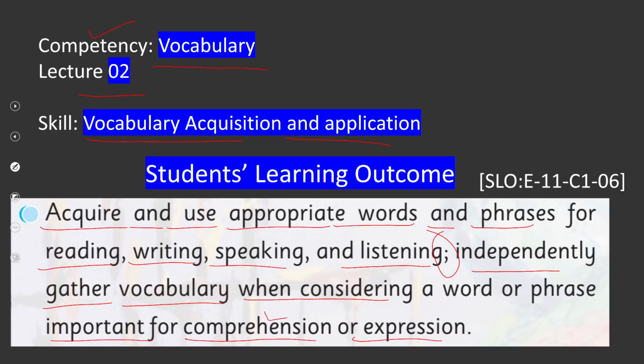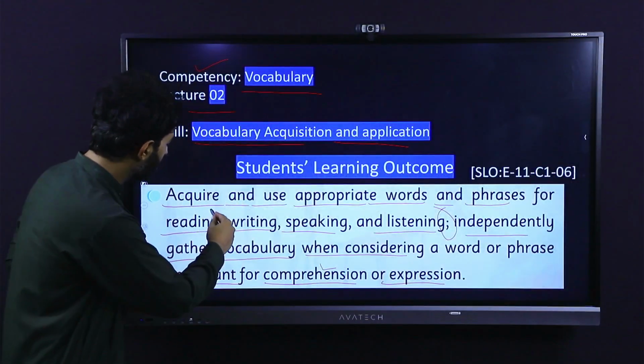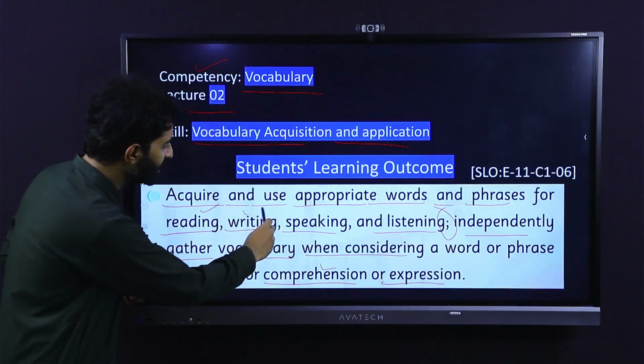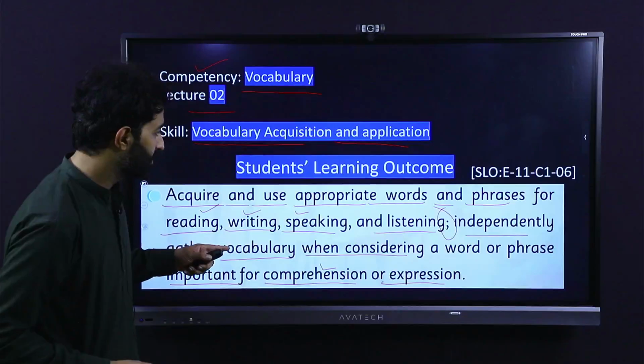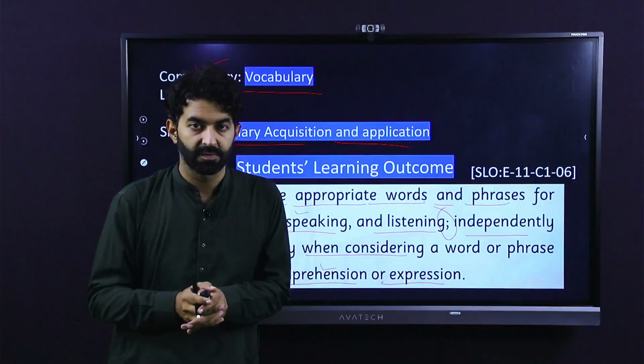Comprehension here means your overall understanding. Now, this is not only for reading, but also writing, speaking, and listening. Now, we need to use appropriate words and phrases.